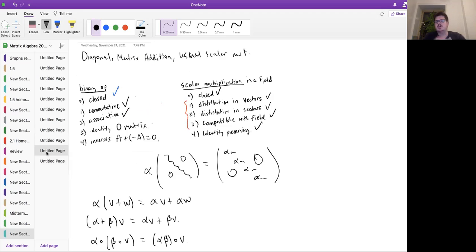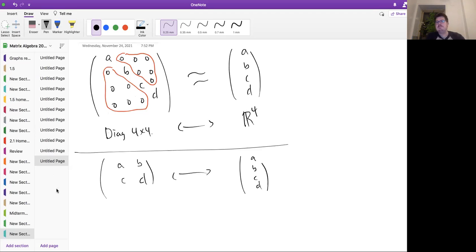All of these properties work if it's just normal matrices and matrix addition. Do you see that? Adding two 2x2s together computationally is the same as adding two 4x1 vectors, right?